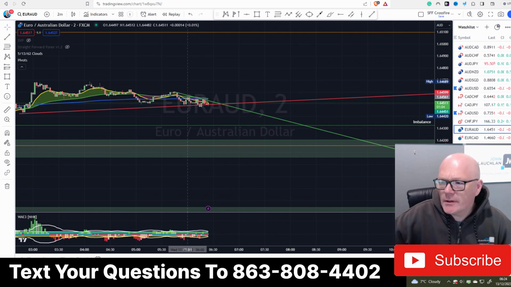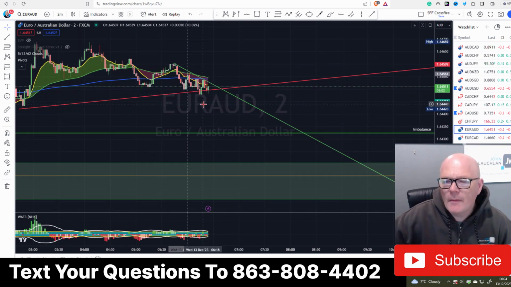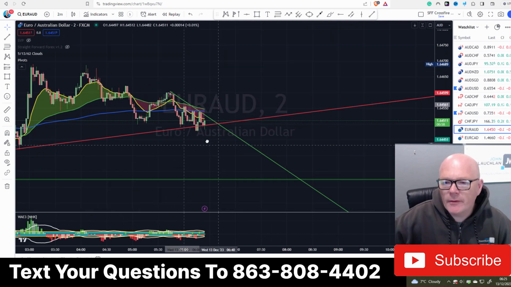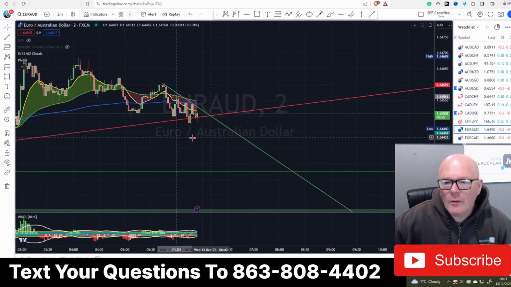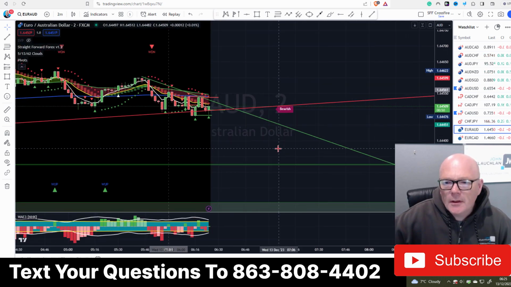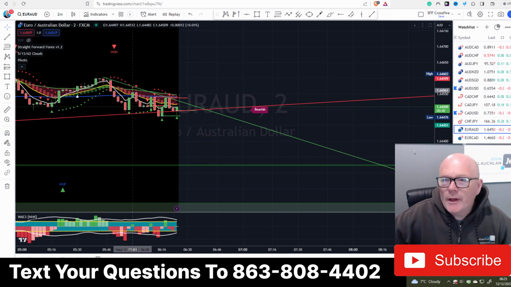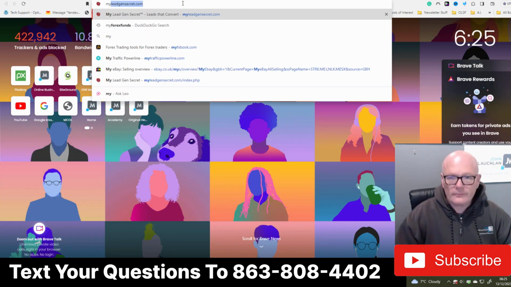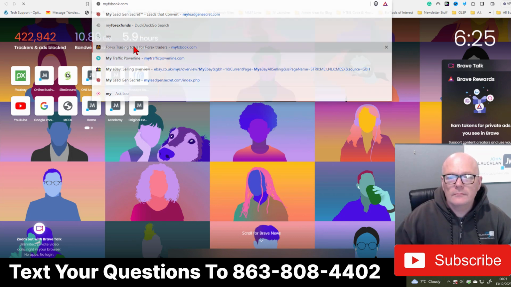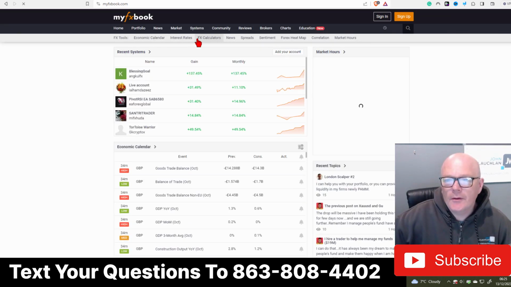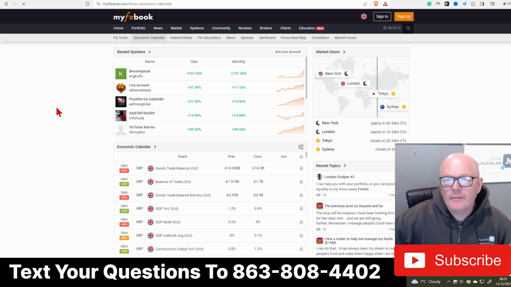So again, with this strategy, we're looking for price to go above the green trend line for buys and below the red trend line for sells, along with lots of other information. So we'll put our Straightforward Forex back on, and we'll just wait. Let's have a quick look at the news. My FX Book and Forex Factory, I like those two.